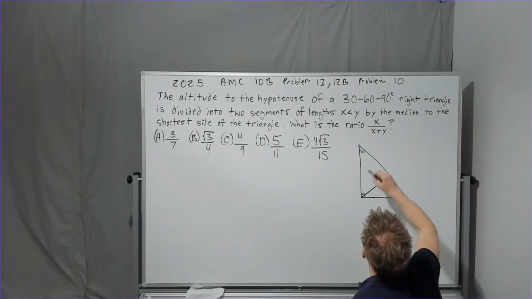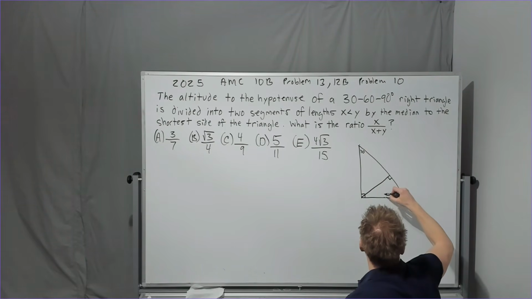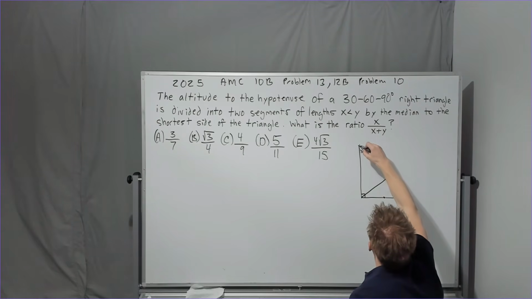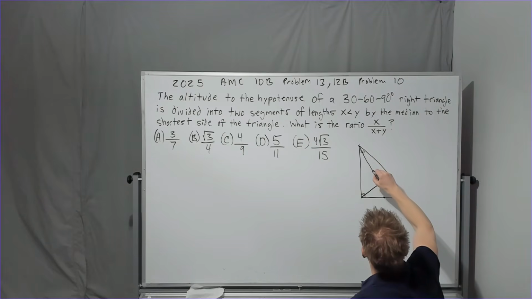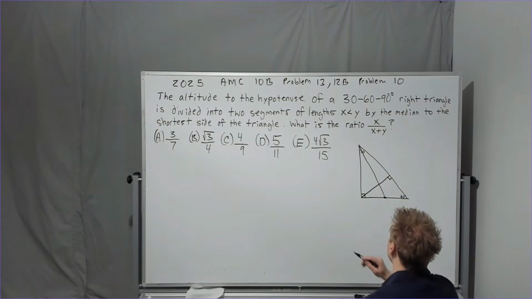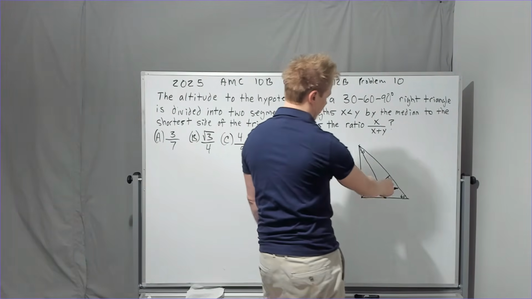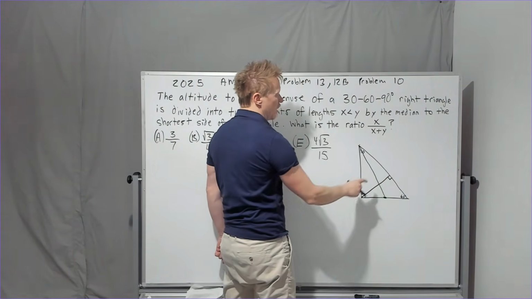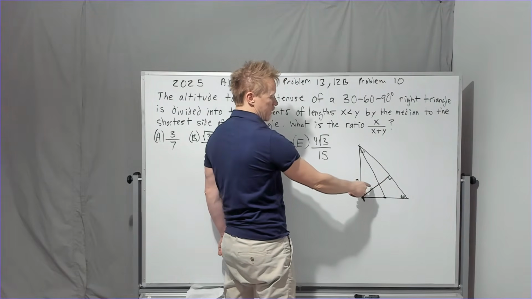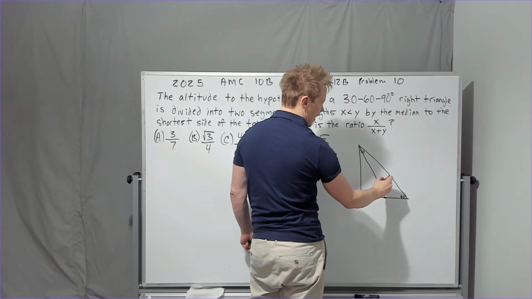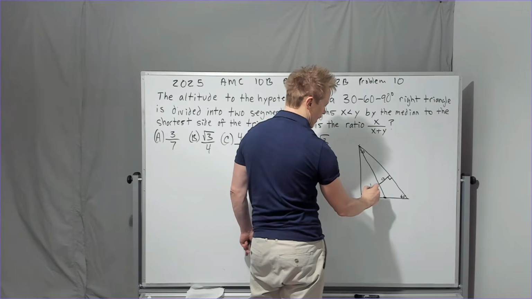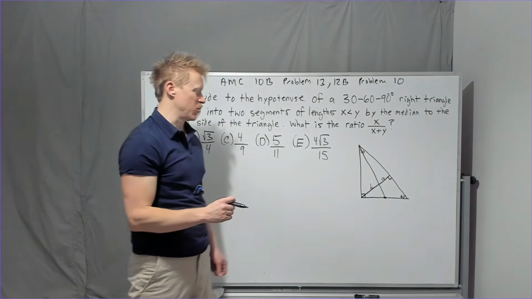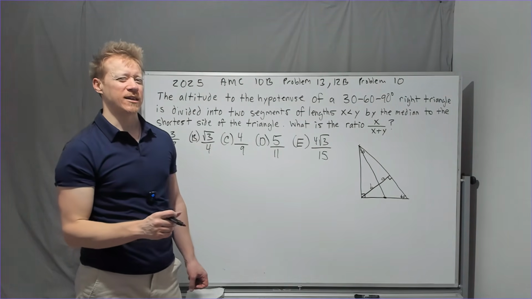And we're also going to draw the median right over to here. I guess approximately the median. Okay, and this looks like the shorter piece over here. We could call this x and we could call this y. I'm going to label them as A and B, where A is X and B is Y, for reasons we'll get to in a moment.